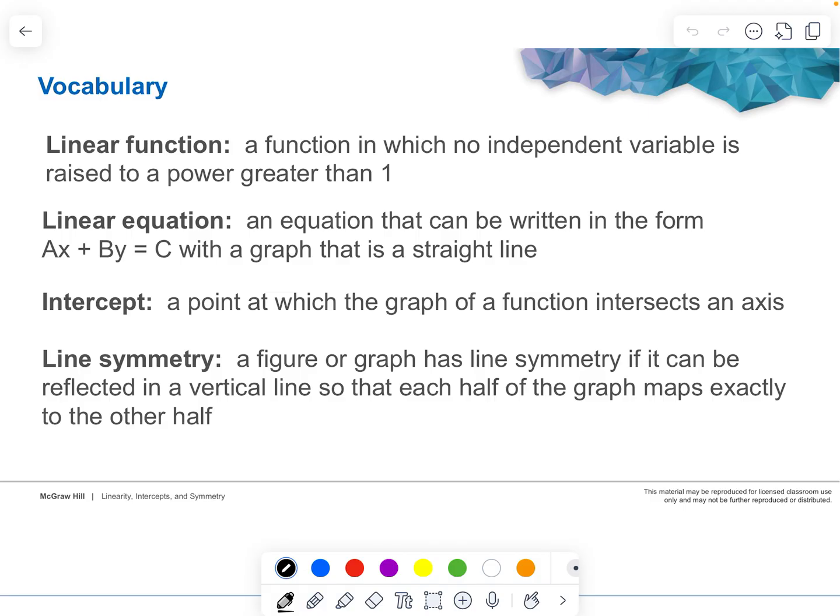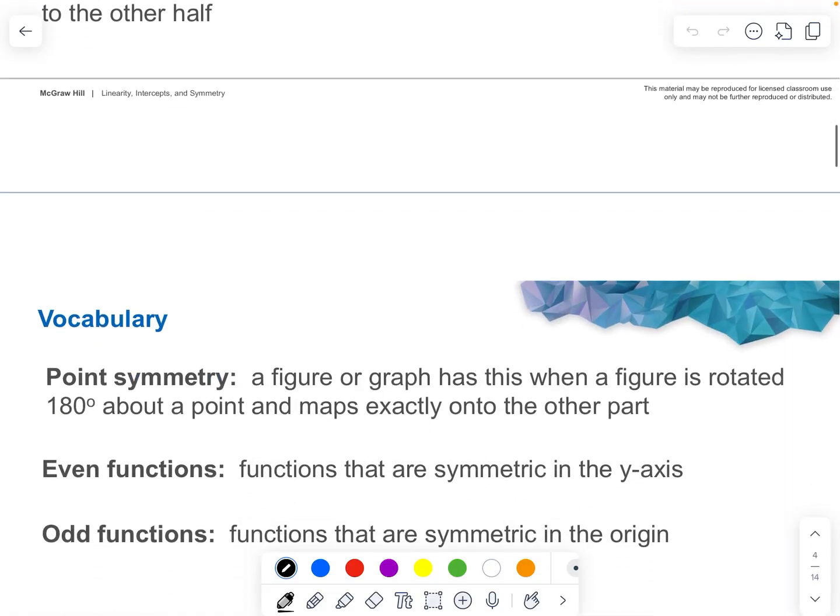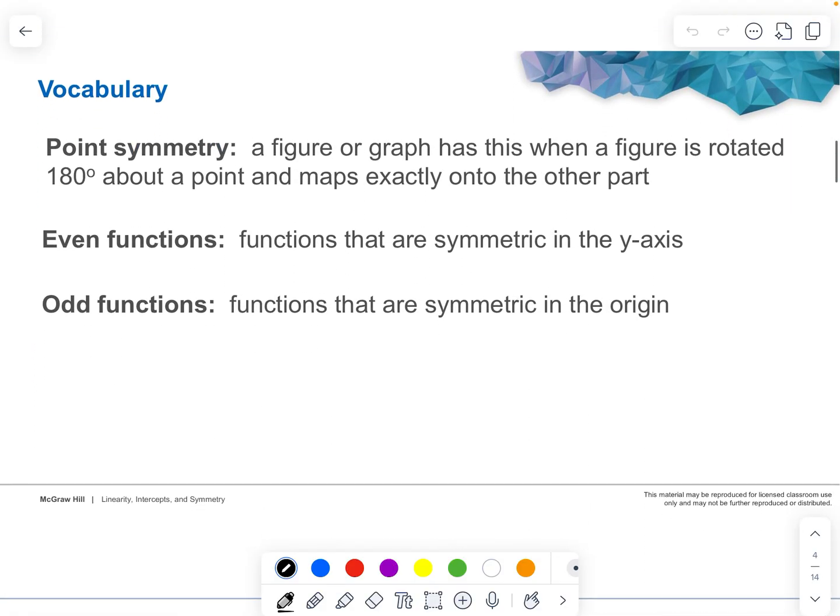Line symmetry: a figure or graph has line symmetry if it can be reflected in a vertical line so that each half of the graph maps exactly to the other half. Point symmetry: a figure or graph has this when it is rotated 180 degrees about a point and maps exactly onto the other part.